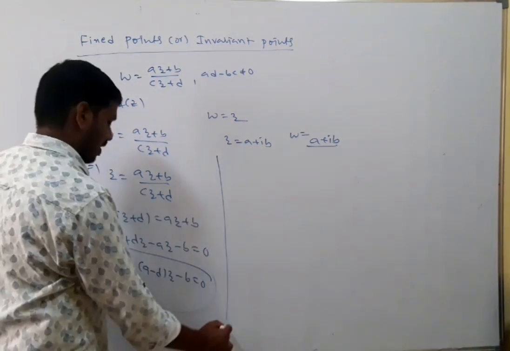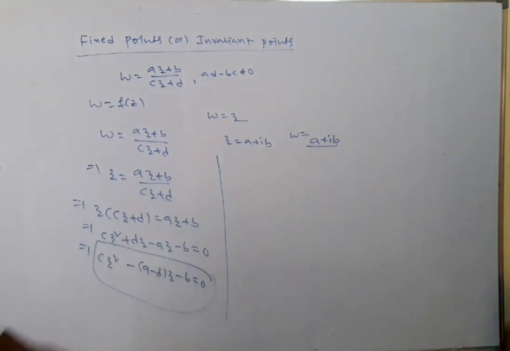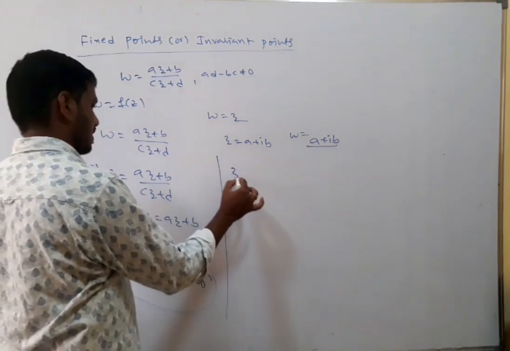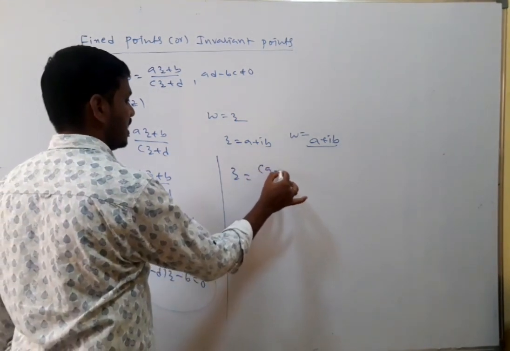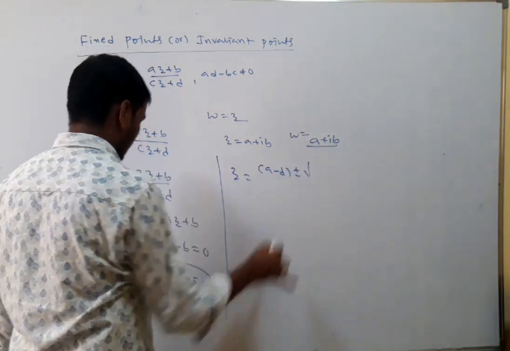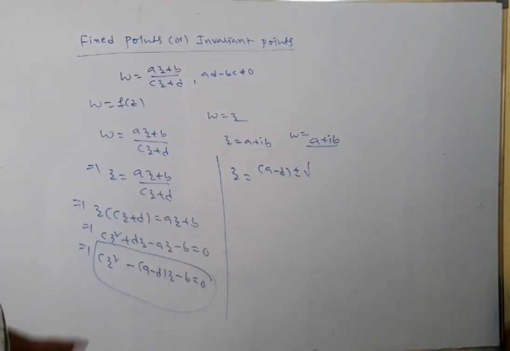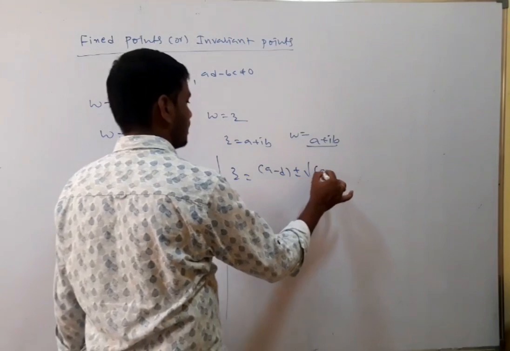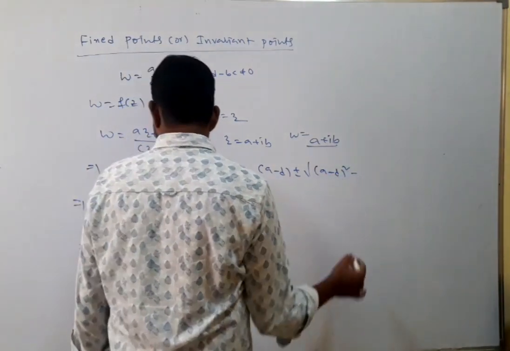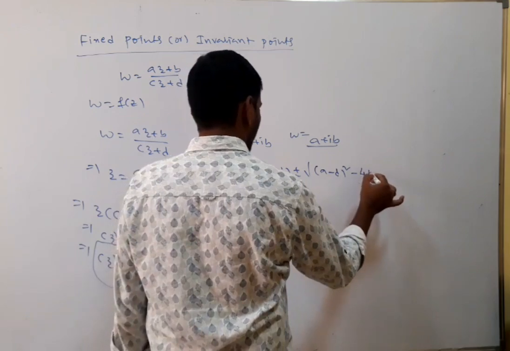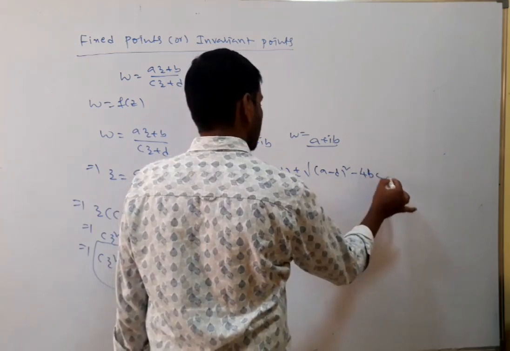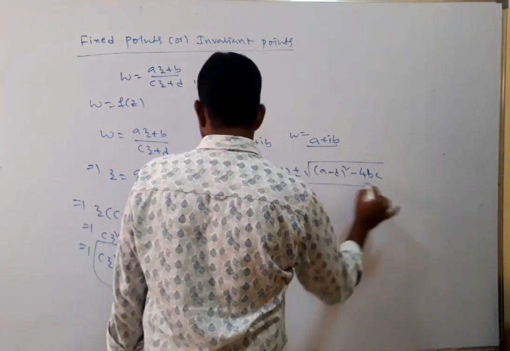You know the formula for finding the roots of a quadratic equation. z = (−b ± √(b² − 4ac))/2a, so here z = ((a − d) ± √((a − d)² + 4bc))/2c.